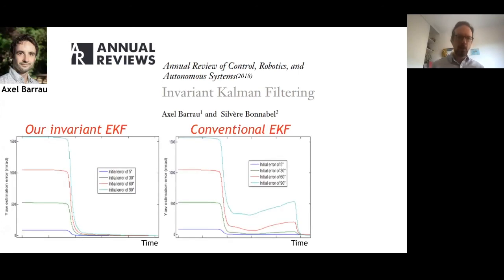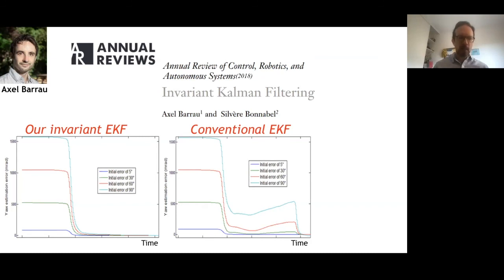We worked with the company Safran, which is number one in Europe for inertial navigation systems, and we could compare on flight data the difference between using an invariant EKF and a conventional EKF.